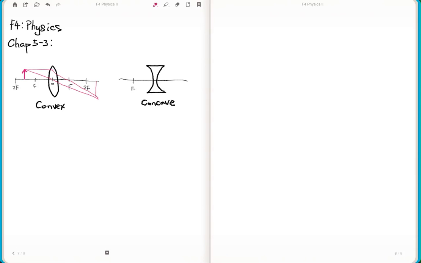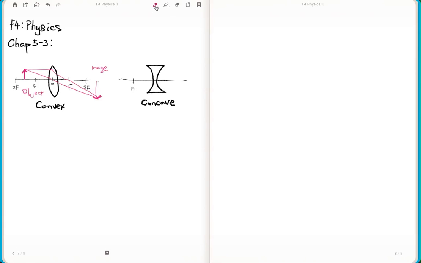You have an image slightly bigger: real, inverted, magnified, and at the opposite side. This is the object, this is the image side. When object and image are on opposite sides, this is what I'm going to talk about in this video.